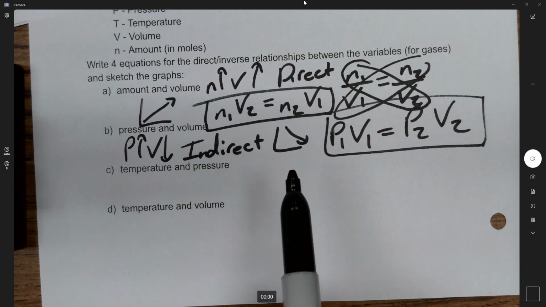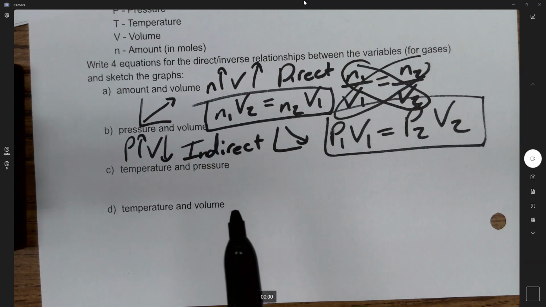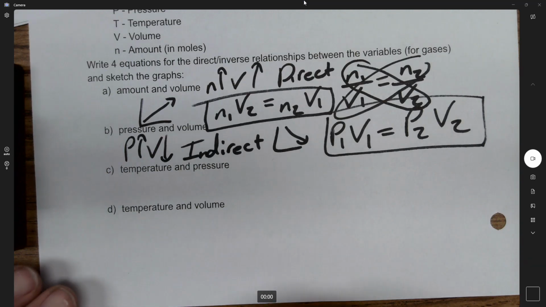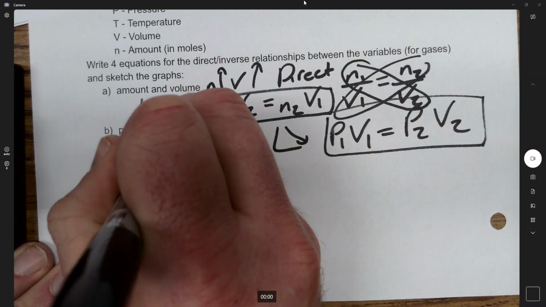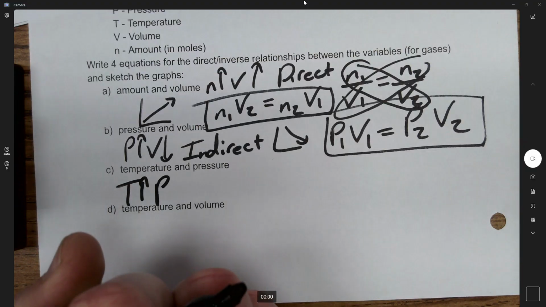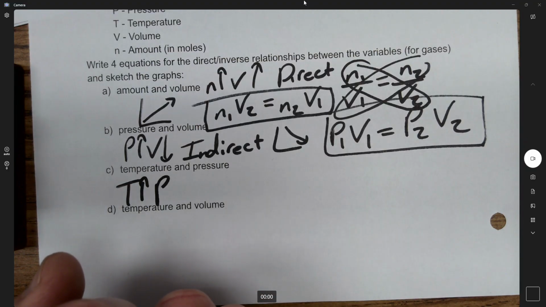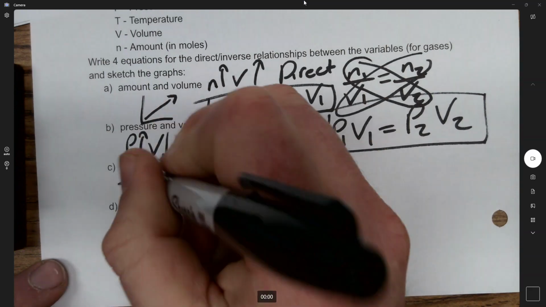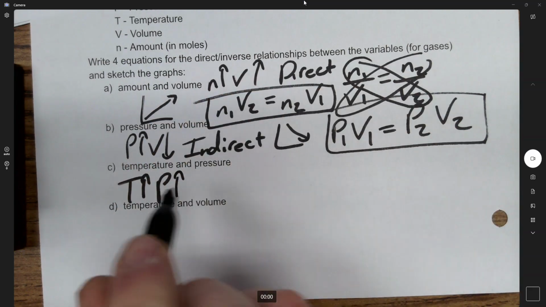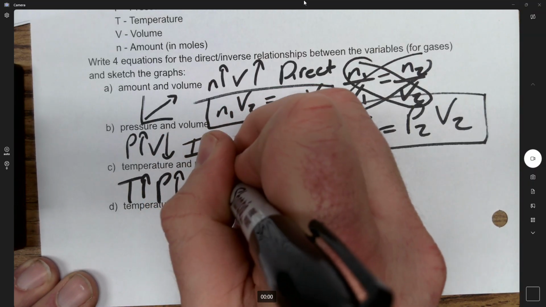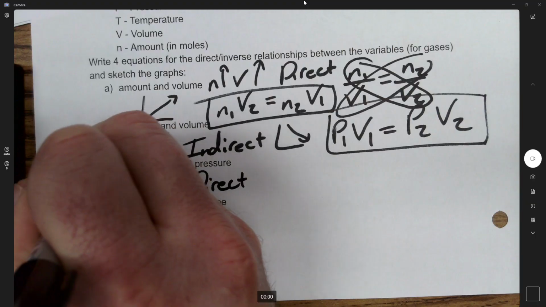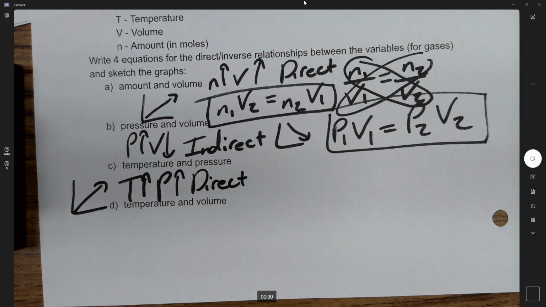Temperature and pressure. Station 3. As my temperature increased, what did my pressure do? It increased as well. If they're both moving in the same direction, that's my direct. So that's my forward, my upward facing arrow.